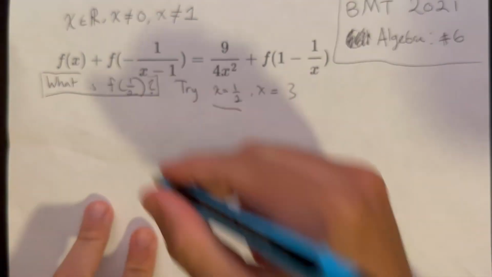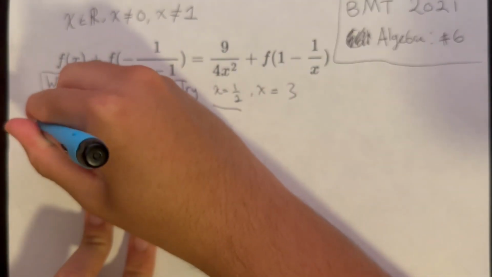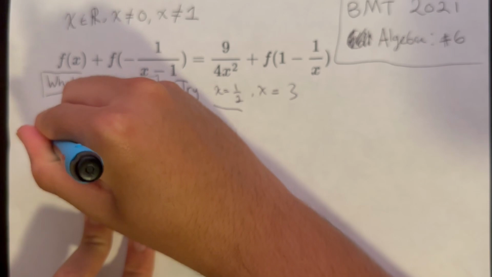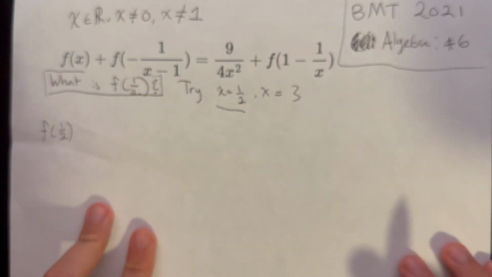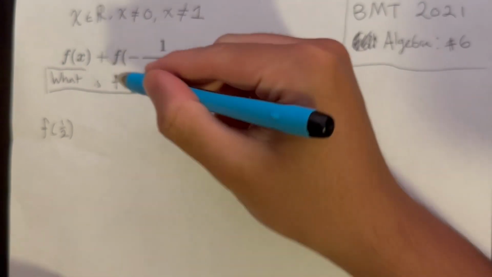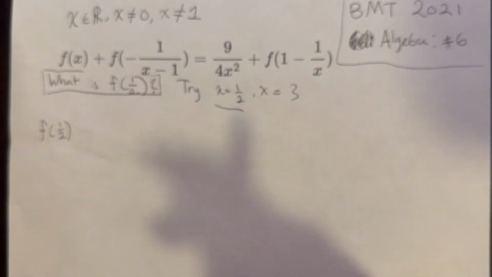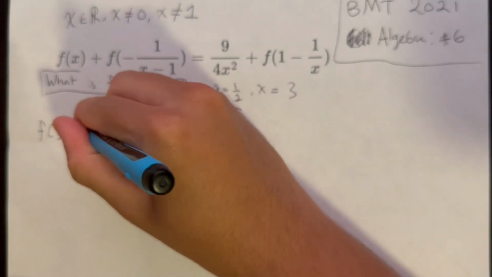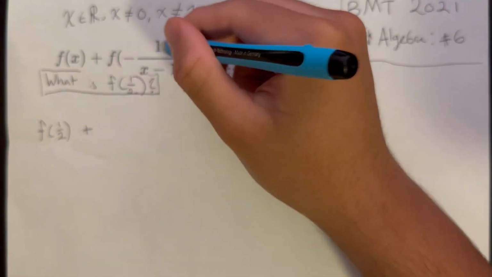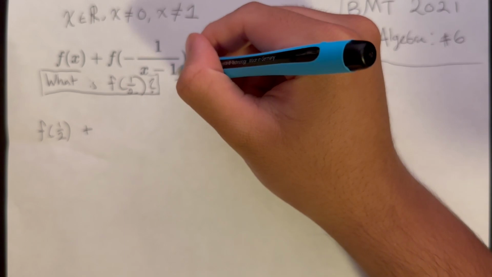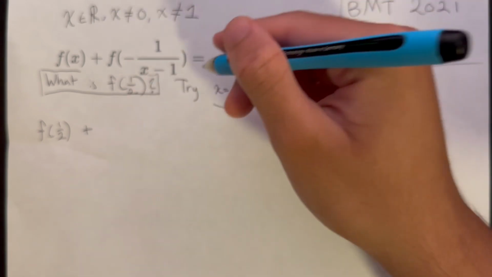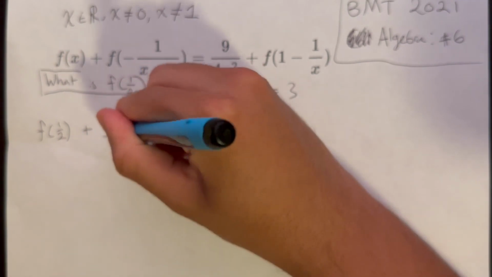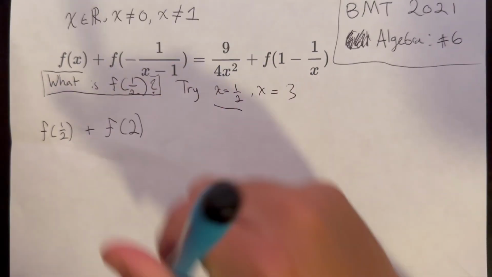So when we plug in 1/2, we get f of 1/2, and also this f of x here on the left side is kind of a hint to try to plug in possibly what we're trying to get and see if we can get something that works. So we get f of 1/2 plus, we get 1 over 1/2 minus 1, that's negative 1/2. So negative 1 over negative 1/2 is f of 2.